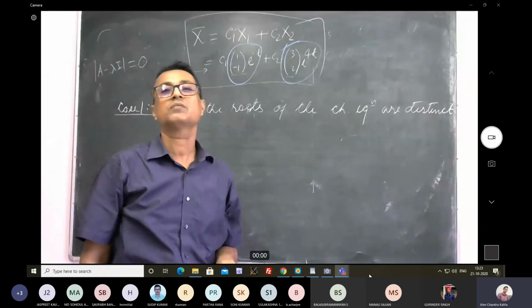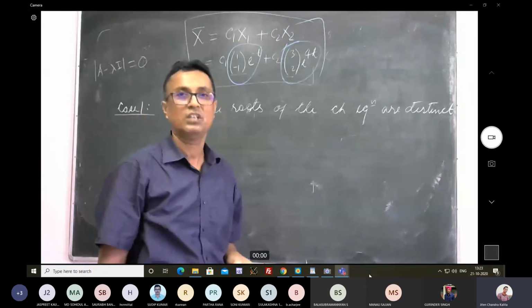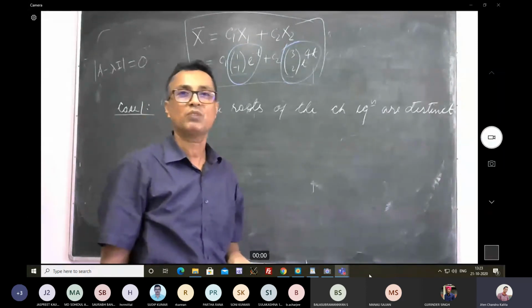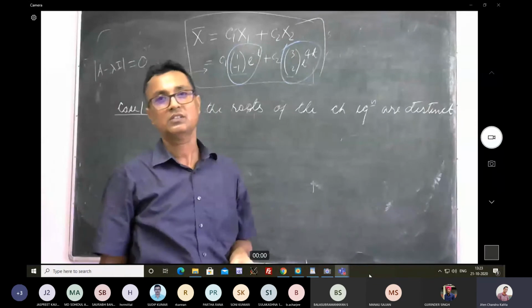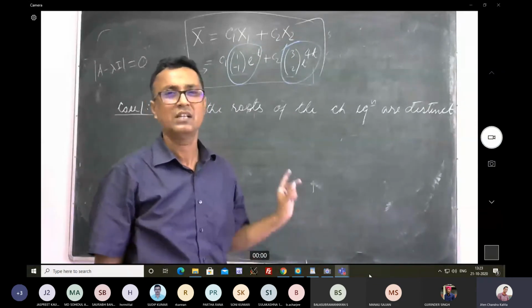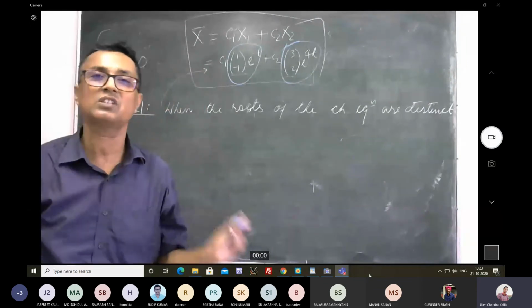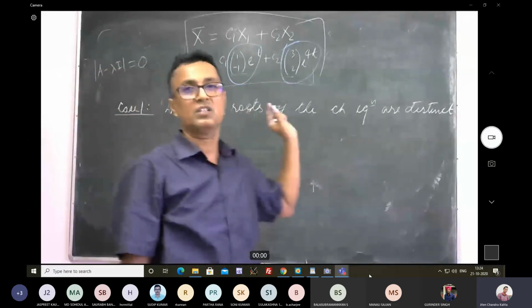Or you can even try to find the Wronskian also. You'll see that the Wronskian comes out to be non-zero, because it is always going to be some e to the power something, in terms of some exponential function. Since the exponential function is non-zero, the Wronskian is non-zero.